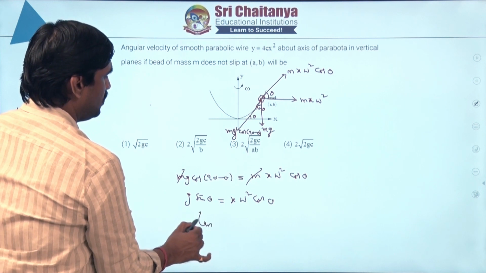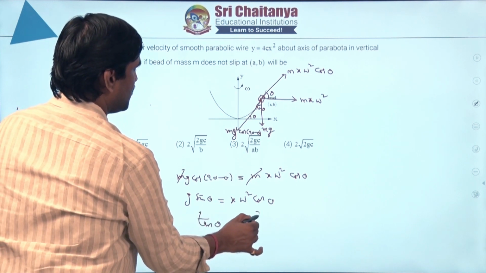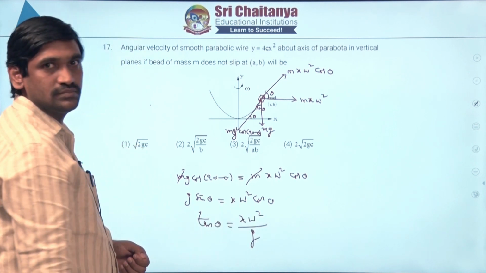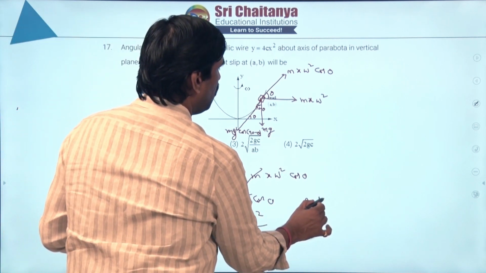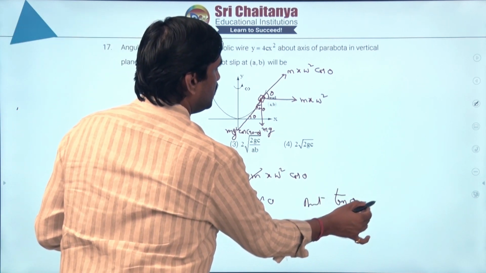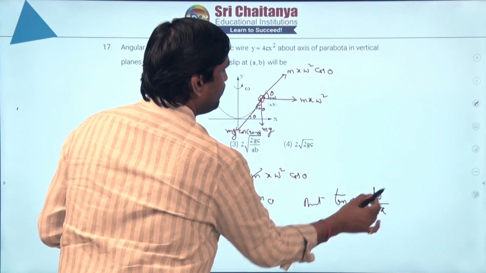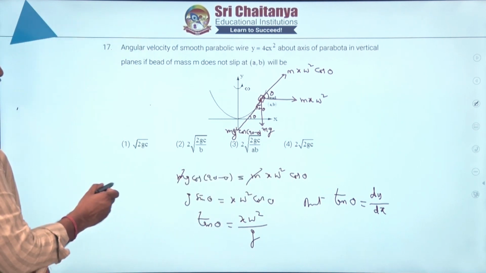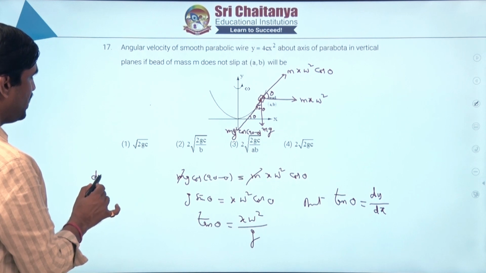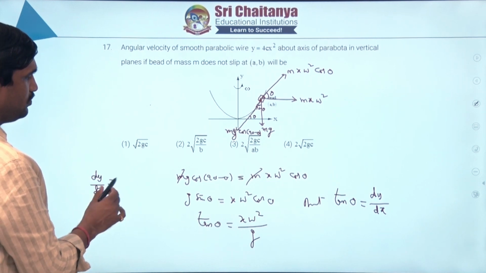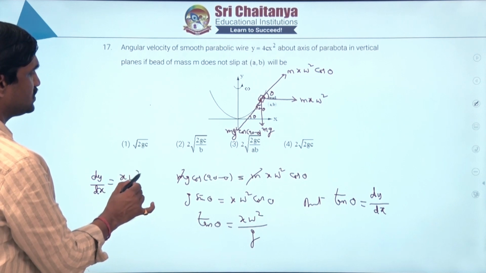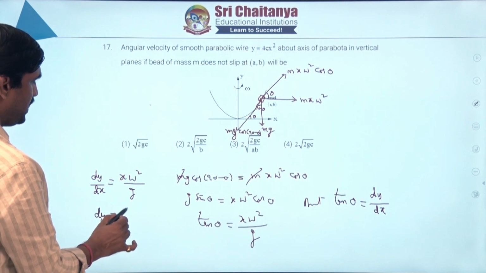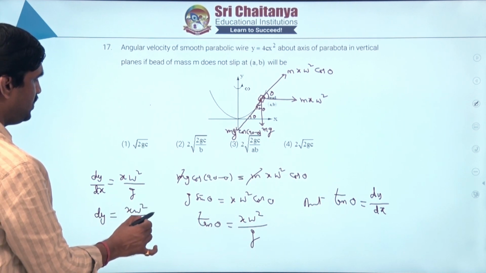Now, tan theta is equal to x omega square by g, but slope tan theta is equal to dy by dx. Now, by comparing both, you will get dy by dx is equal to x omega square by g. Now, dy is equal to x omega square by g into dx.